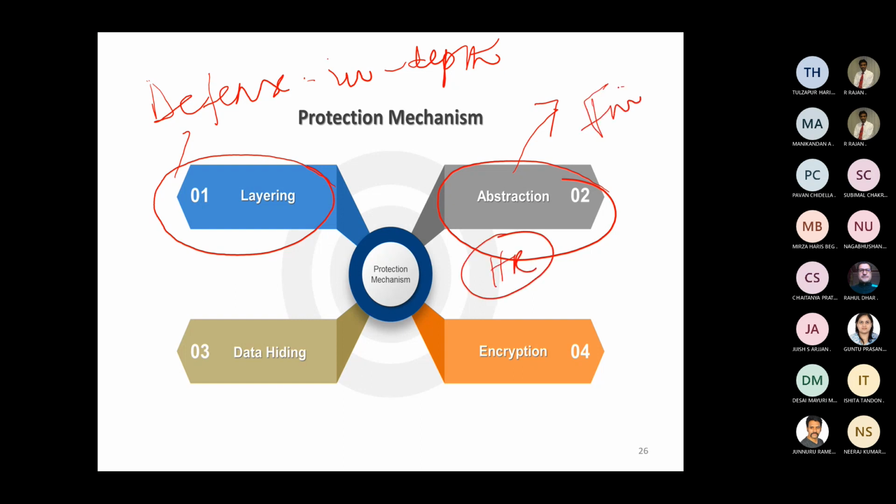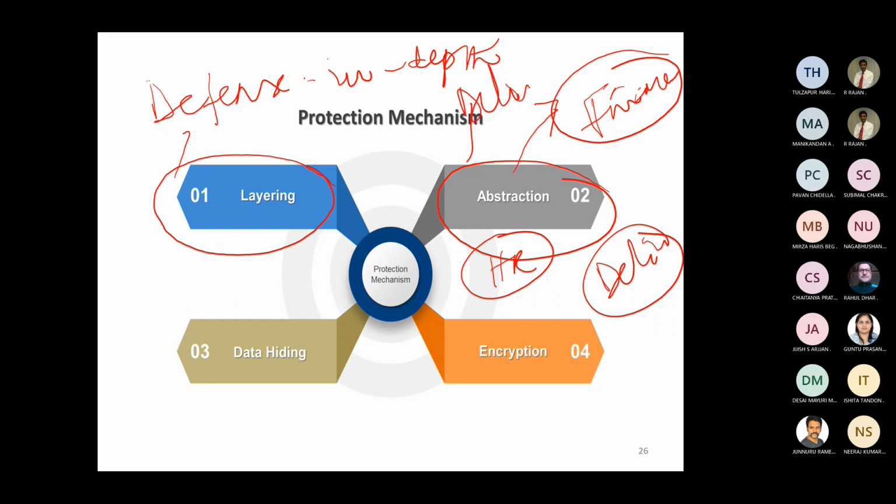Finance is another group of people. Delivery is the third group of people. Developers is the fourth group of people. So abstraction is the ability to combine users under a specific category based on the common parameters upon which the access control mechanism could be developed. So that's the second principle.